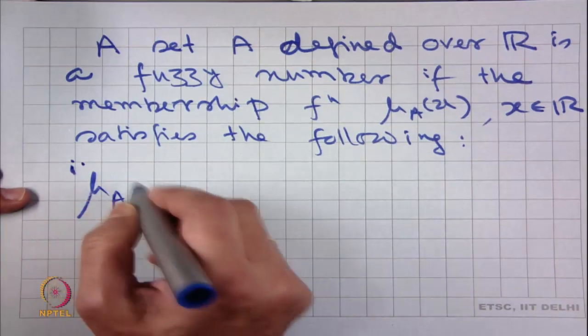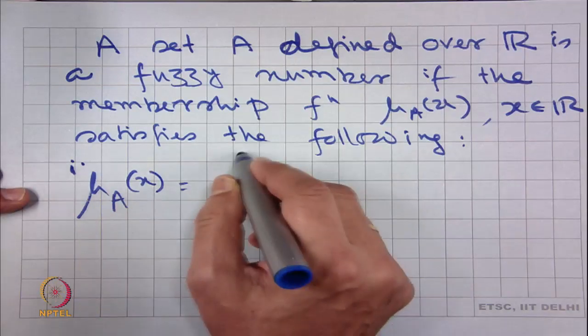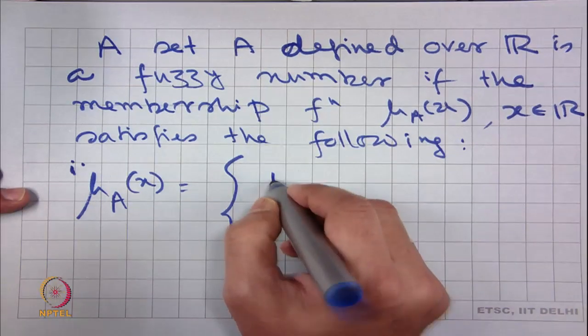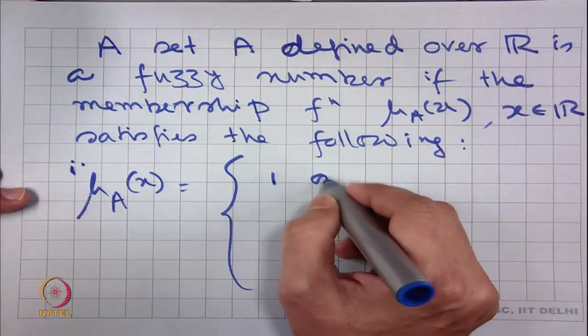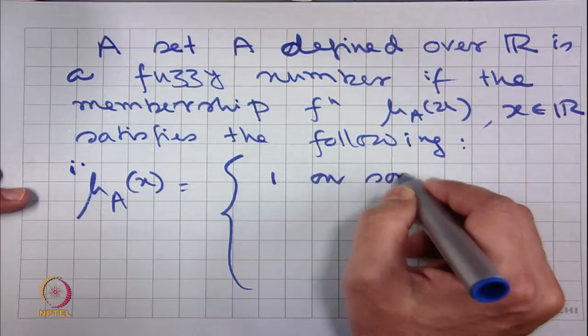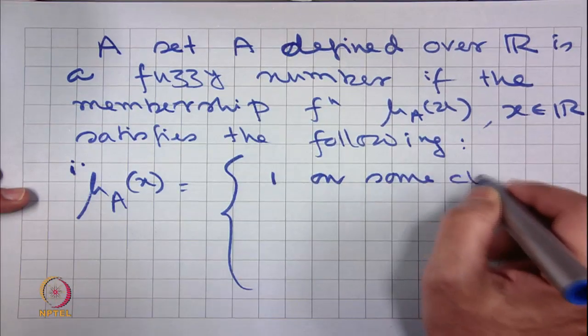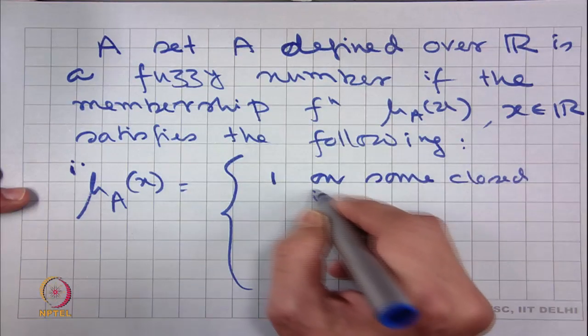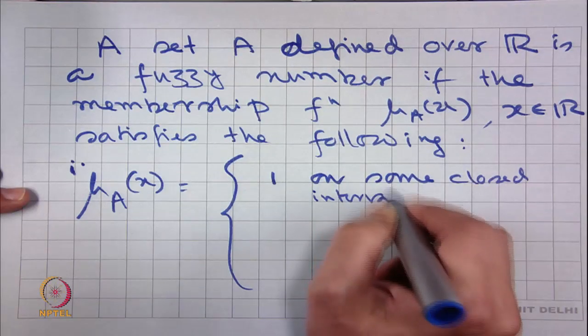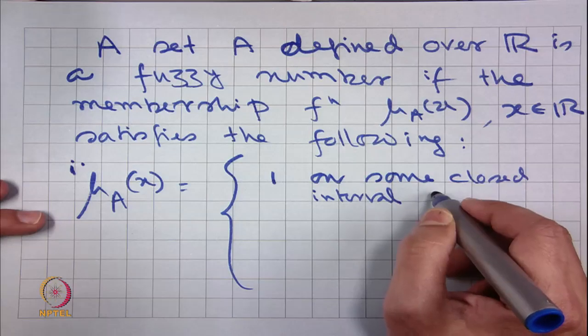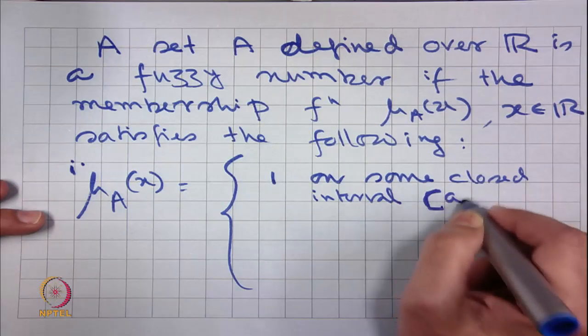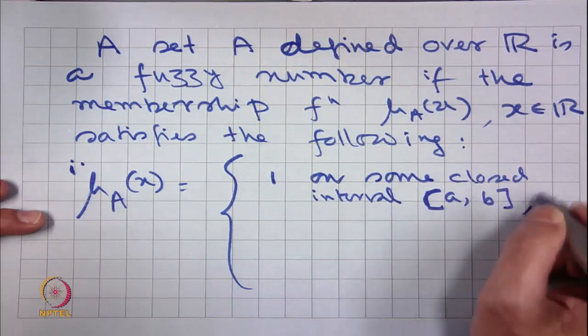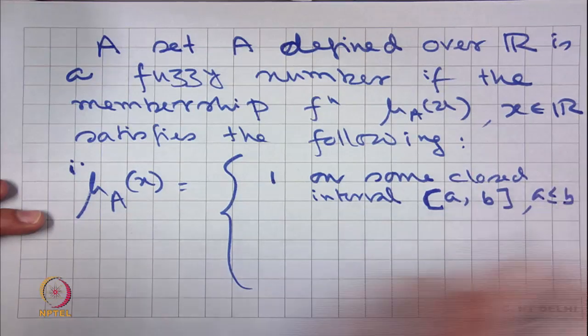Mu A x is equal to 1 on some closed interval A B, A less than equal to B.